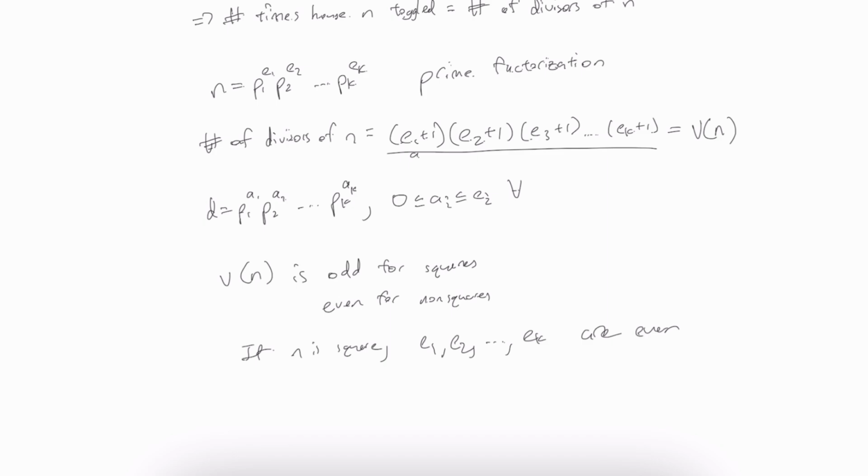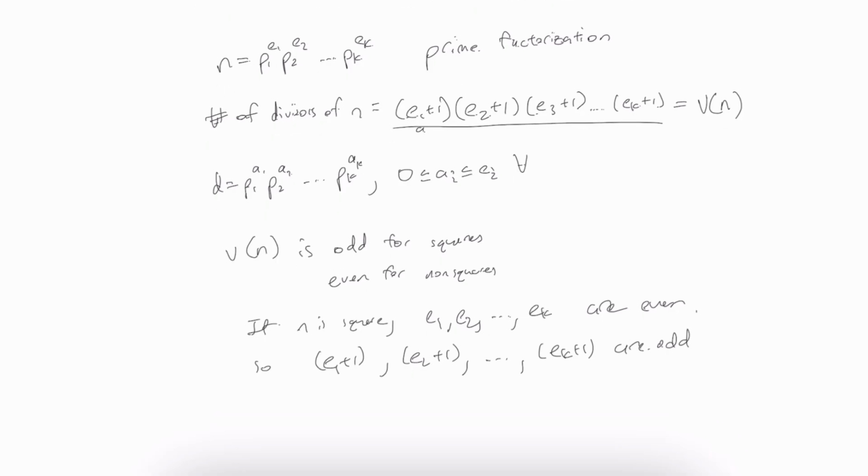So that means e1 plus 1, e2 plus 1, all the way to ek plus 1 are odd, and so their product must also be odd.